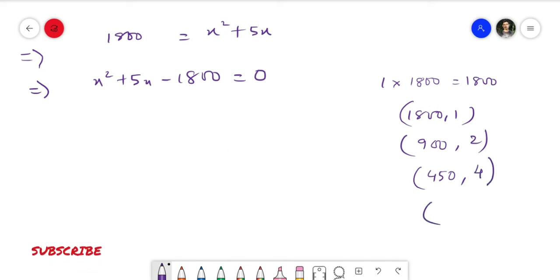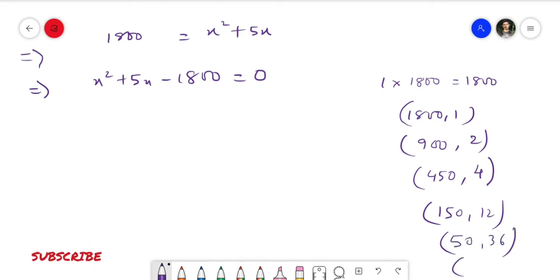Again, if we divide the half of this one, otherwise we can divide with 3. 45 will be, this is your 15, 150, and this will be 12. Again, you can go ahead with 3 5s. So this will be 36. You can divide with 2. If you go like this, then you see, it's a long process.